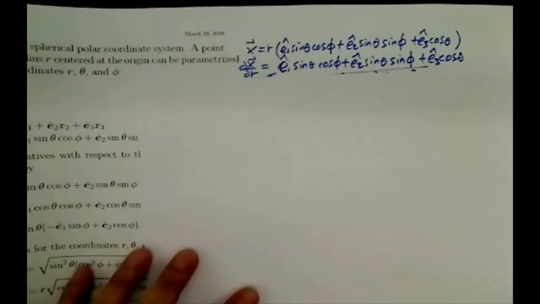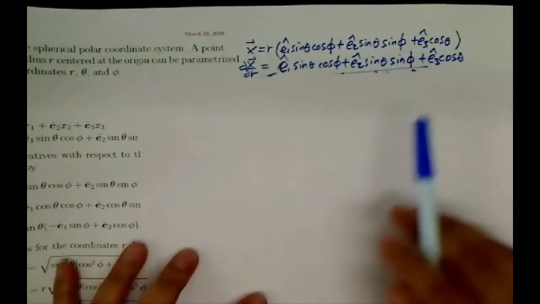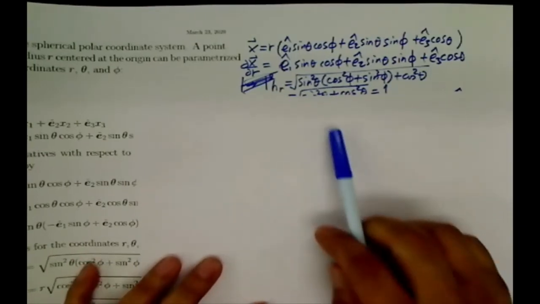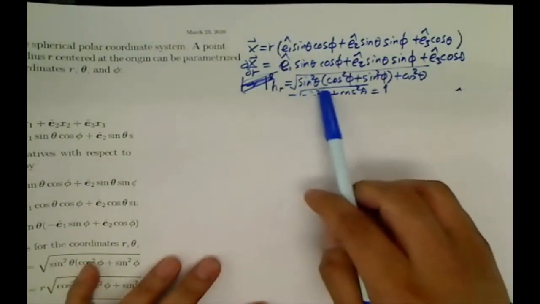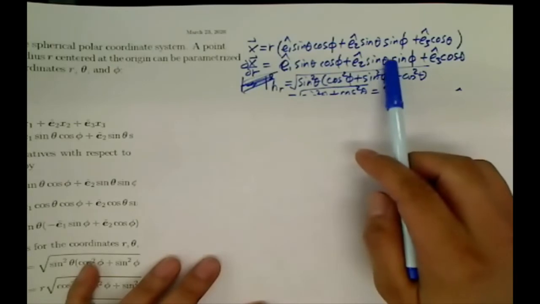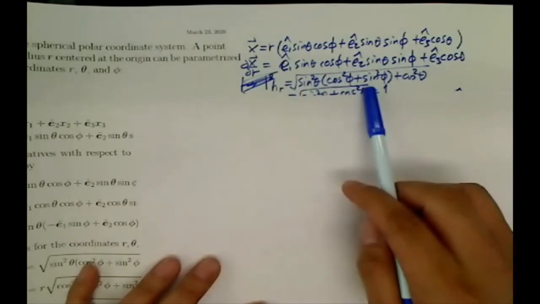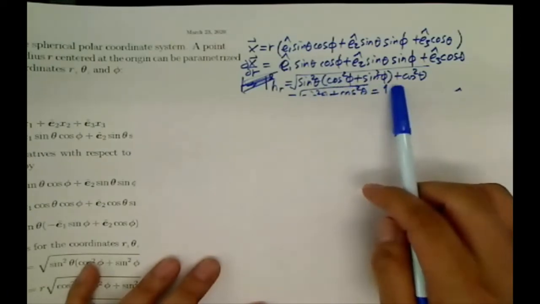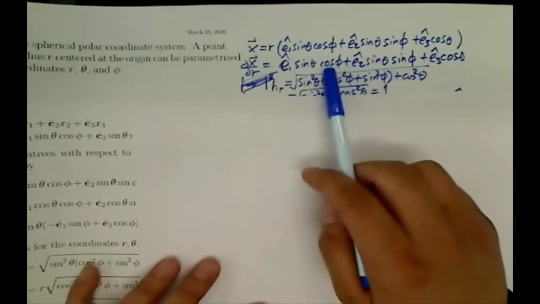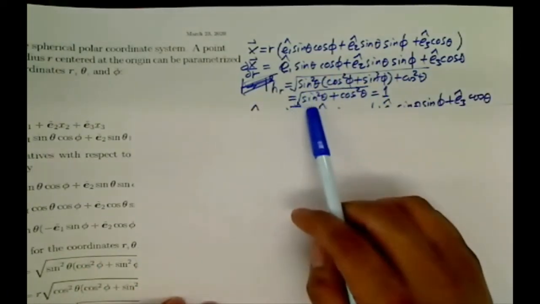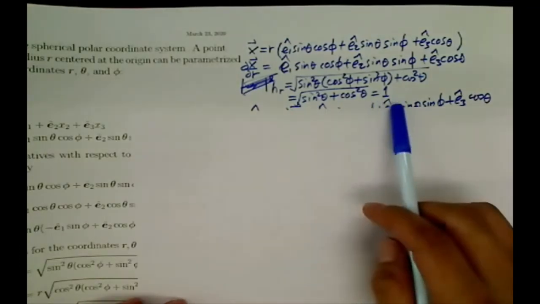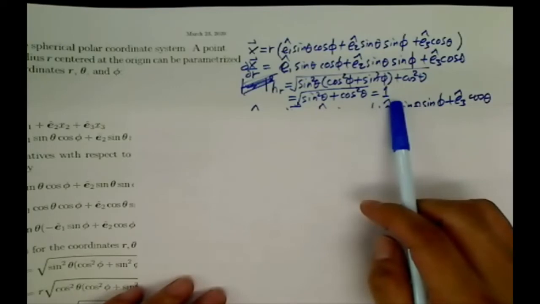You will find that the sum of squares of all three components is 1: sine squared theta cosine squared phi, sine squared theta sine squared phi, and cosine squared theta. The azimuthal angle dependence becomes 1, and sine squared theta plus cosine squared theta for the polar angle is evidently 1.